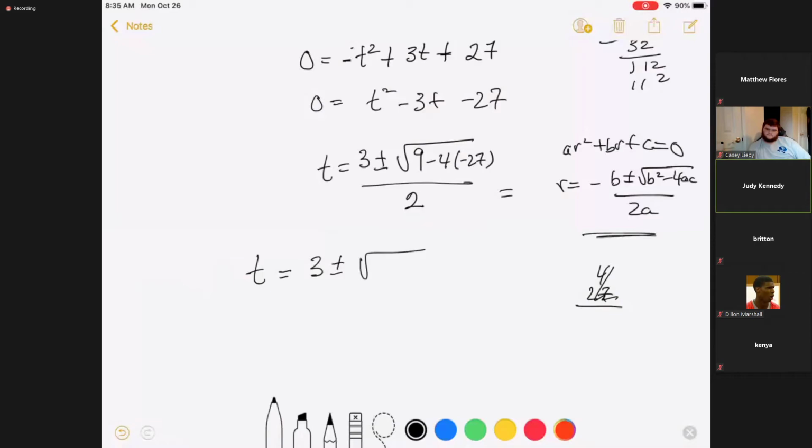Okay. Let's write several steps. I've got 9 plus 4 times 27 under the radical. And 27 has a factor of 9. Okay, so I factor a 9 out of that expression under the radical. So 1 plus 4 times 3.